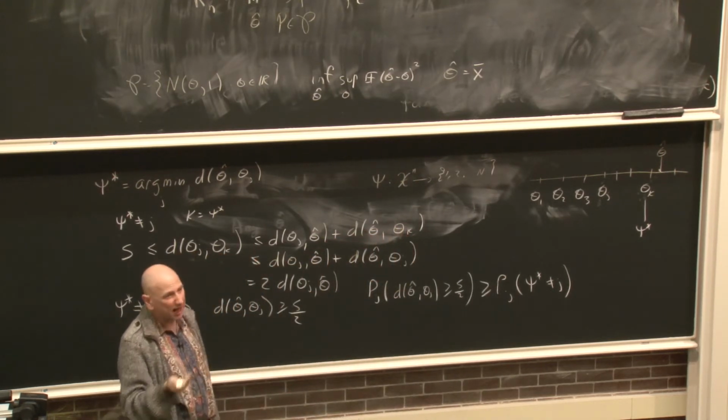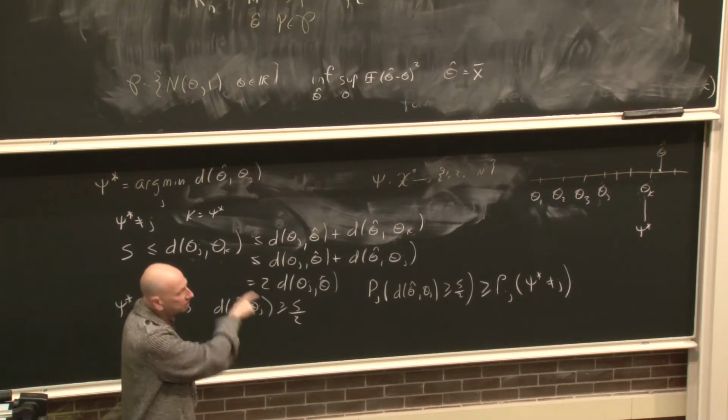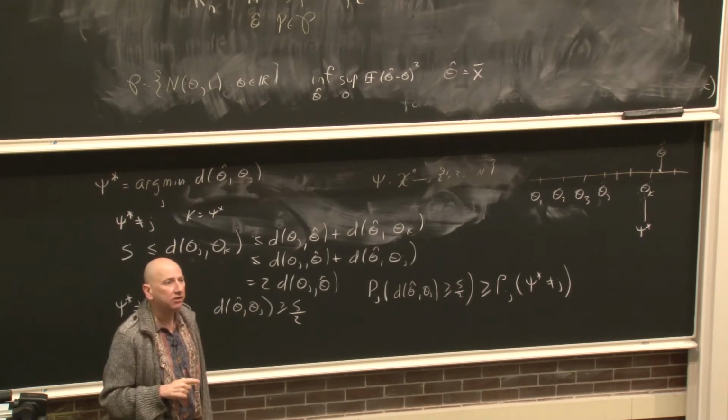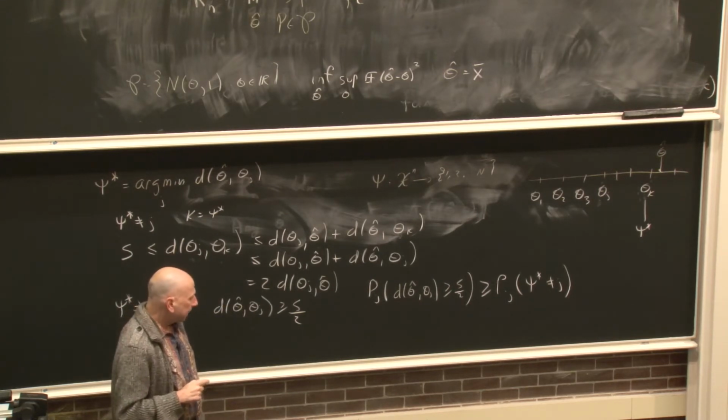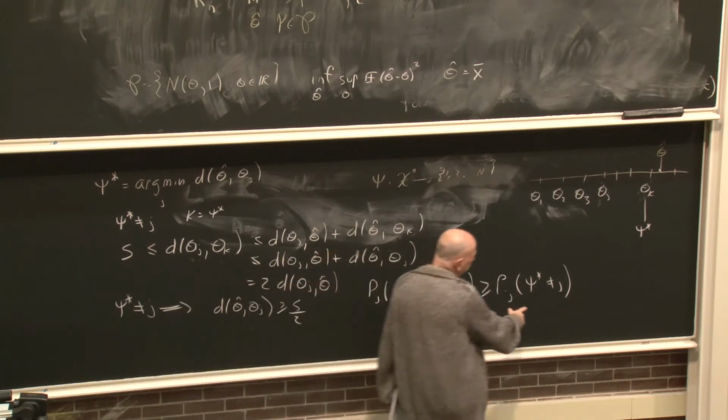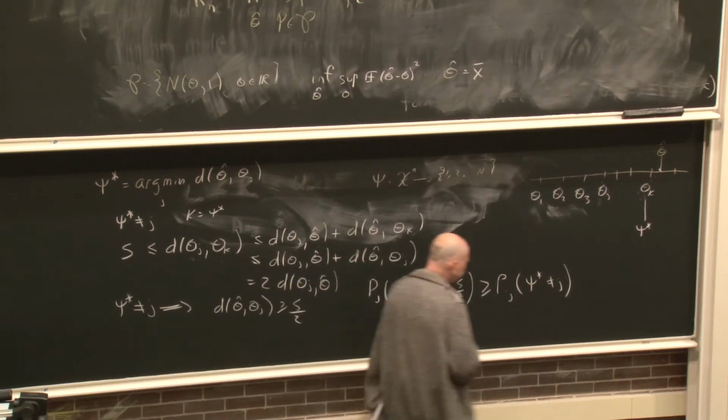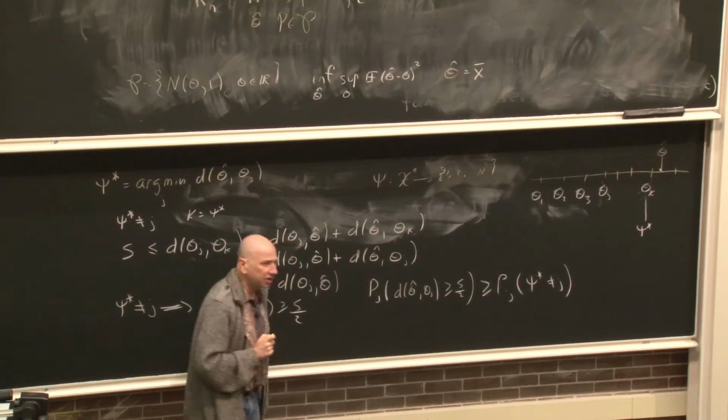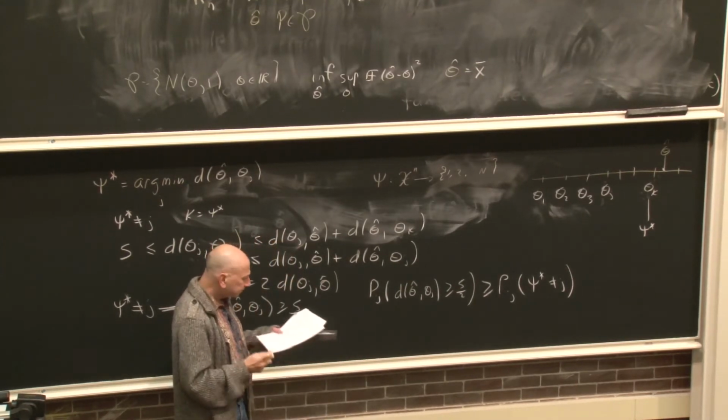It's like a test or a classifier. You give me some data and I'm going to tell you it came from one of those n things. And this is just a particular one. You gave me an estimator, and that defined a particular guy, phi star. Okay.